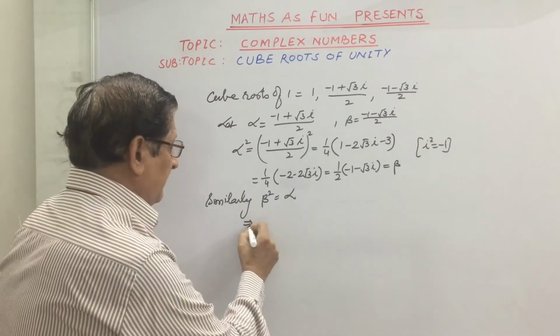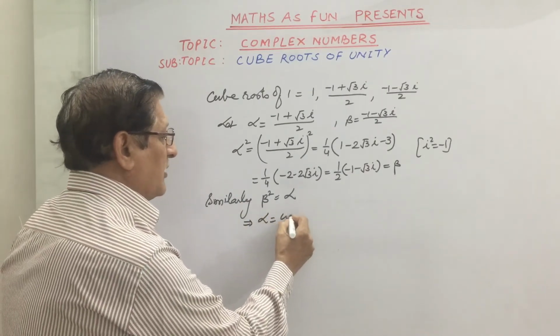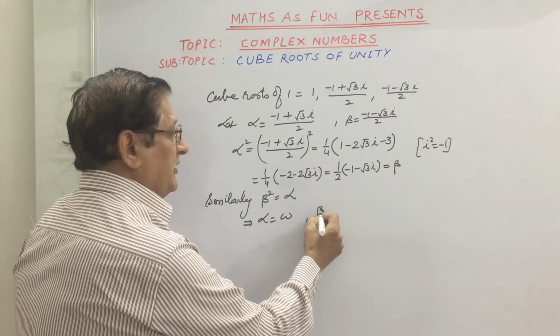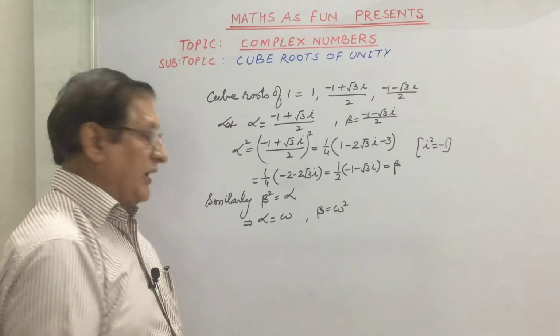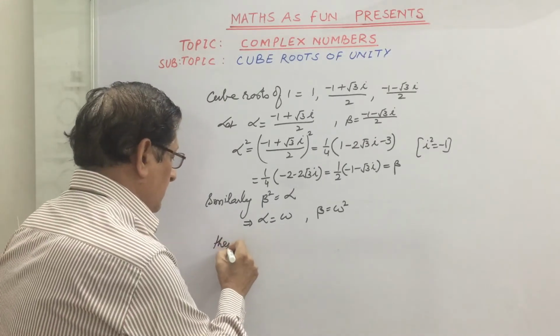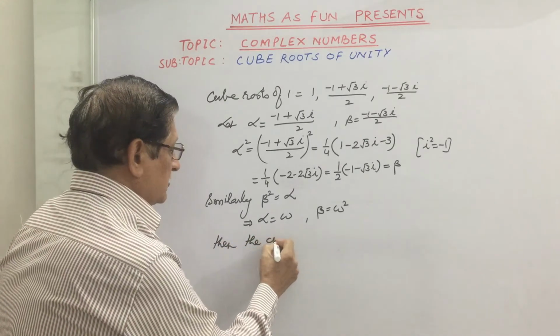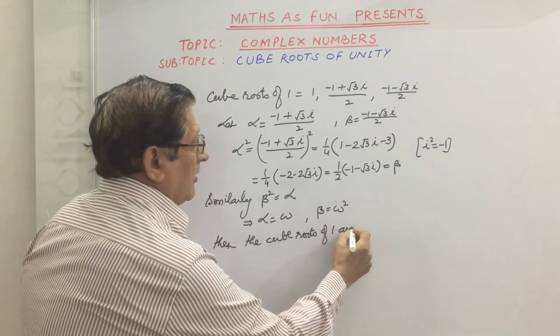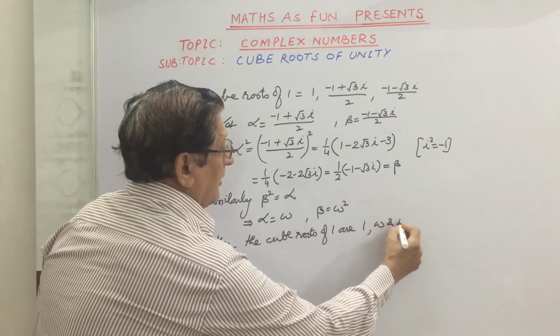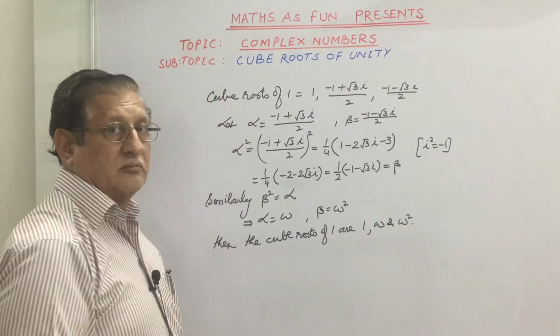And this is the reason if we write alpha as omega, then beta will be taken as omega square. And then we write that the cube roots of 1 are 1, omega and omega square.